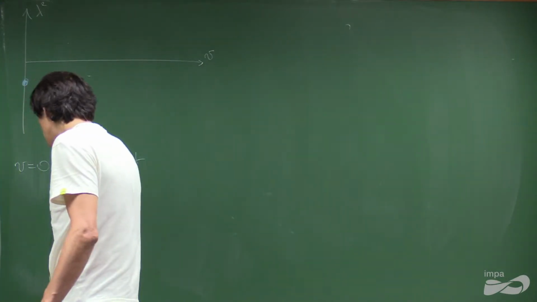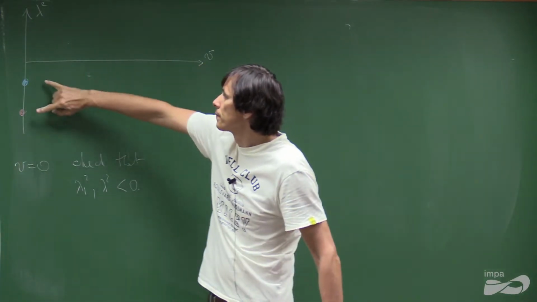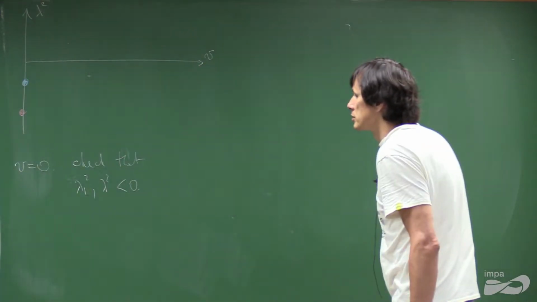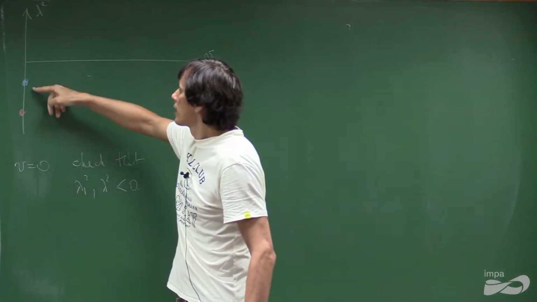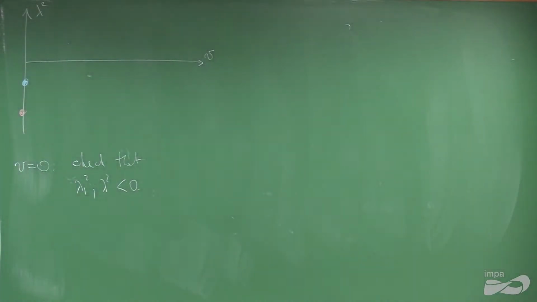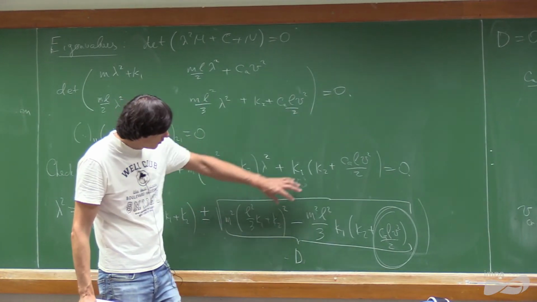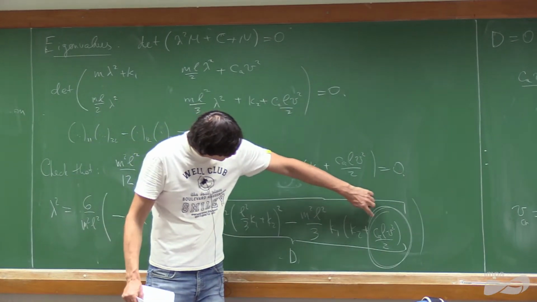So you have two negative branches, just as we did with, that situation somewhat looks similar in the beginning to our previous gyroscopic system. So there are two negative lambda squareds. But what happened then? When velocity is increasing, you see this is a positive value plus something.